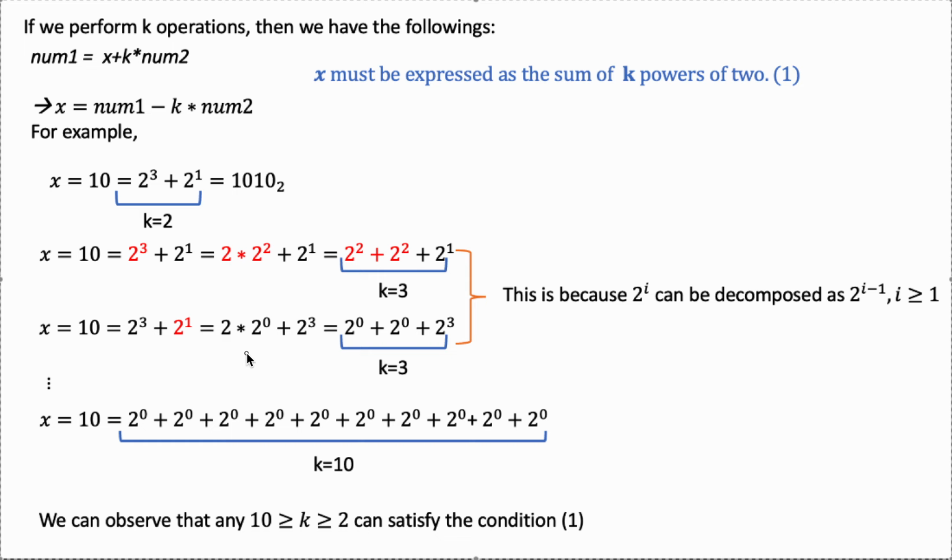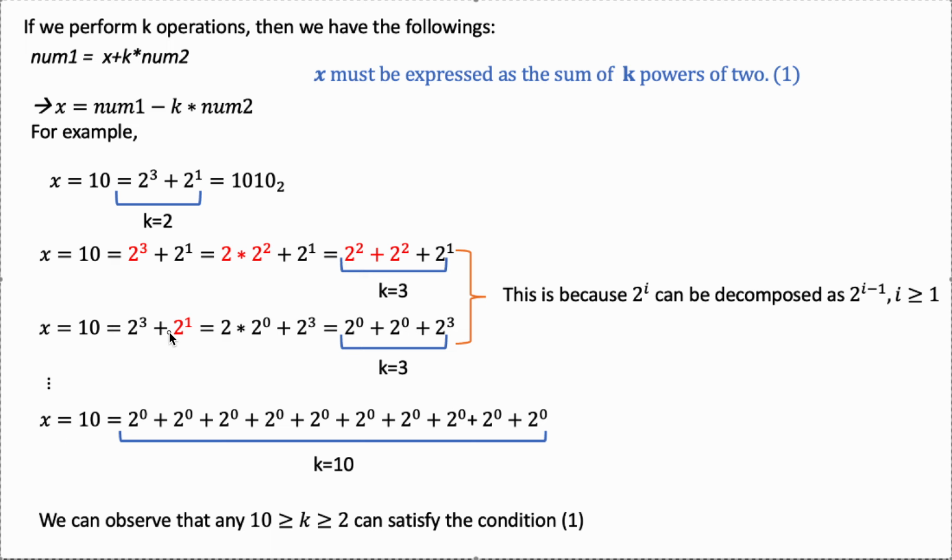So what is the upper bound of k? In the worst case, we can always decompose 10 as 1 plus 1 plus 1 plus 1 plus 1, like that. It means that the upper bound of k would be 10, which is exactly the value of the given x.